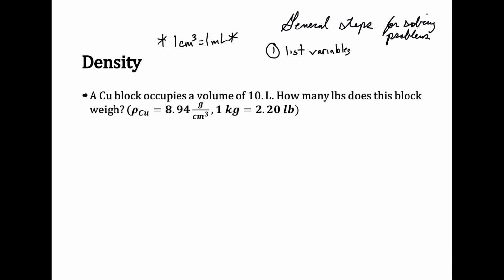The second step will be to write your equation, which we can usually figure out based off of which variables we have and what we're asked to solve for. The third step will be to solve for the unknown.